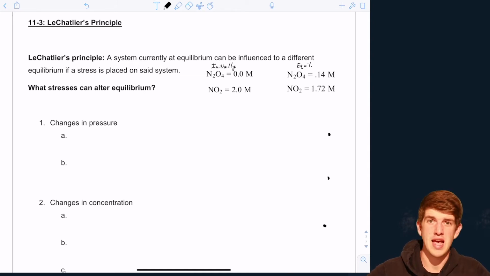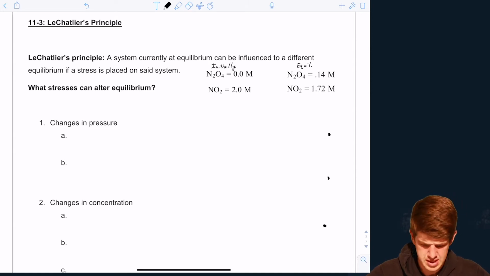By changing any of those 3 variables, by increasing the temperature, increasing the pressure, or increasing the concentration of some species, I can change where equilibrium likes to sit. An amazing example of Le Chatelier's principle would be the Haber-Bosch process, which is just about creating ammonia from N2 and a couple of other molecules.